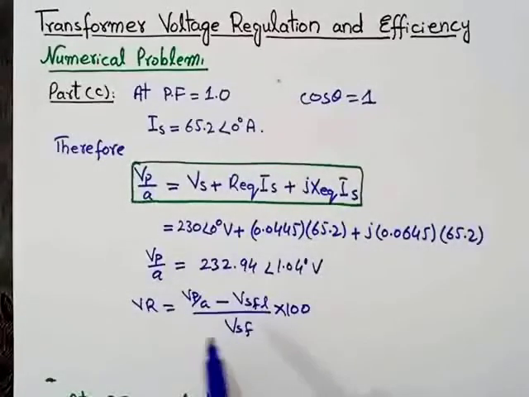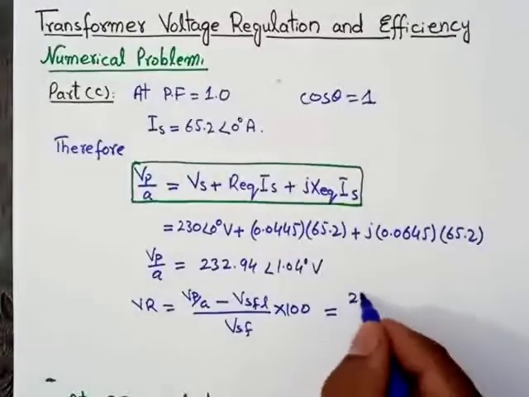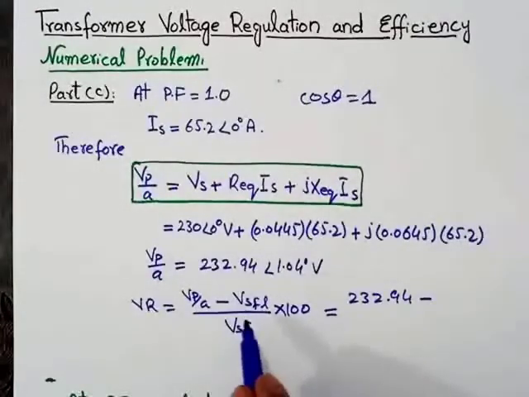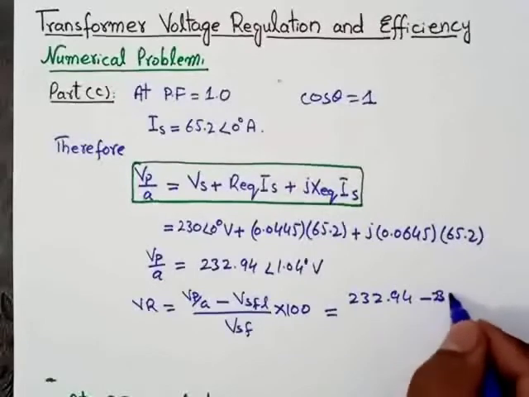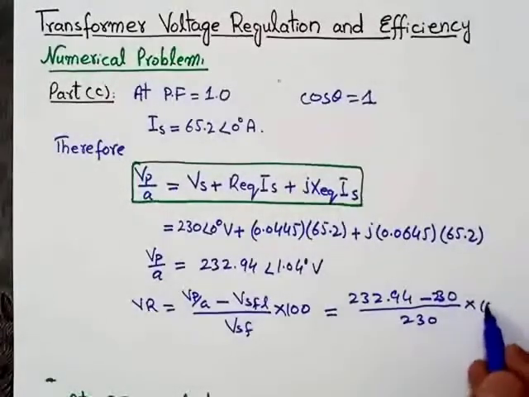Putting the values, we get 232.94 minus the secondary voltage at full load, given here as 230 volt, divided by 230 into 100.